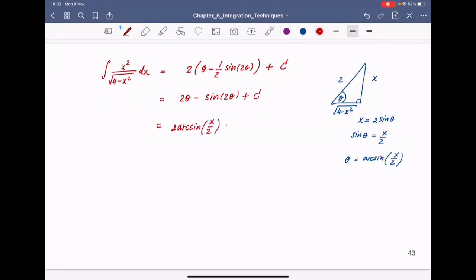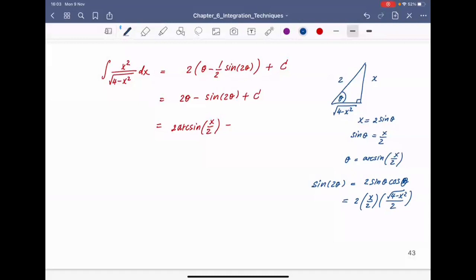All right. How do you deal with sine 2 theta? Well, if you use the identity, it's going to be 2 times sine and cosine, right? And that sine theta is x over 2. Cosine theta is square root 4 minus x squared over 2.